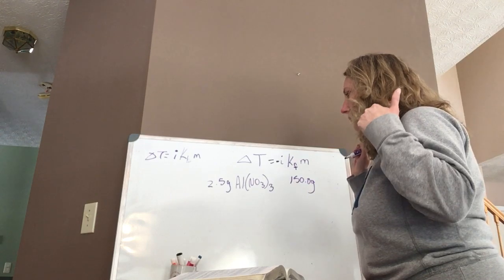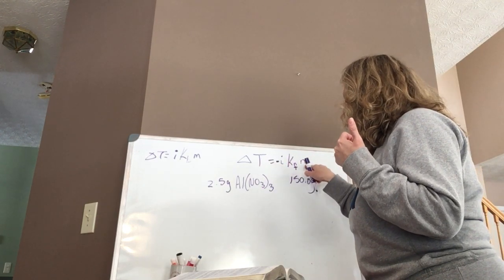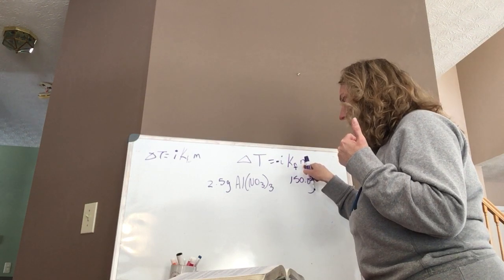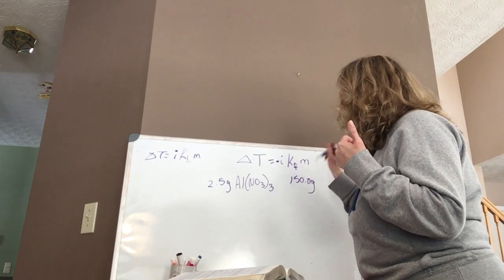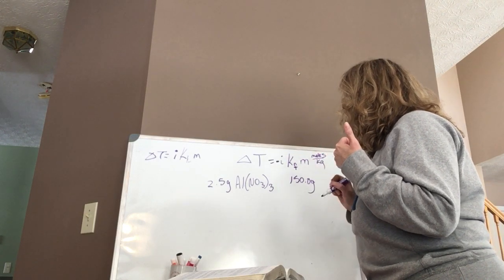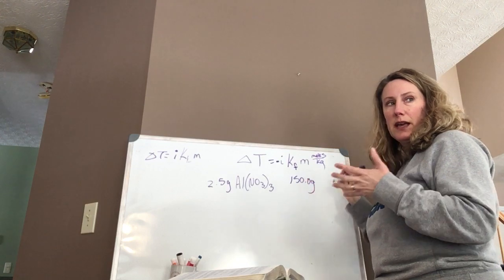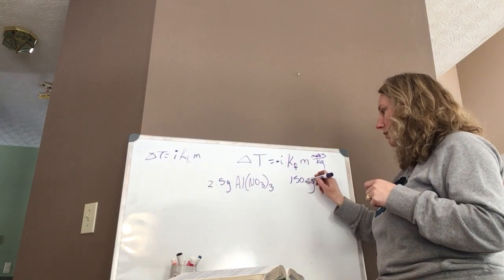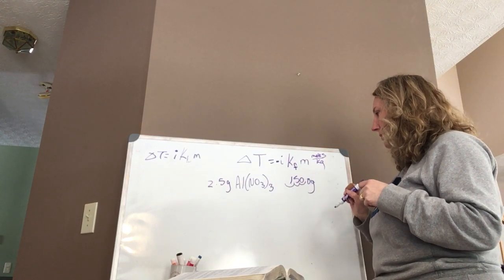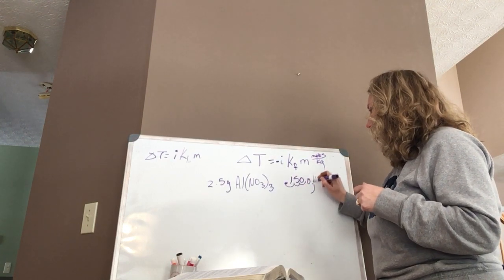So, where do I start? Well, I need to figure out my small m, which is how many moles per kg. So I have to convert this to kilograms, you're just dividing by 1,000, so move your decimal place over 3 places. So if I move my decimal there, now it's kg.